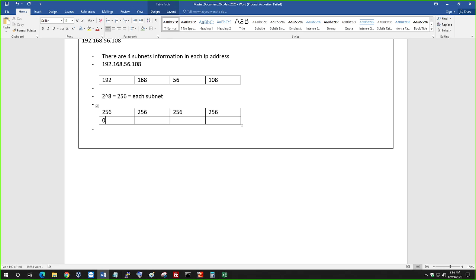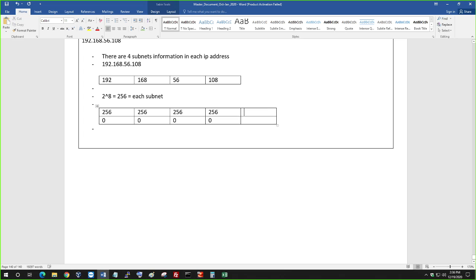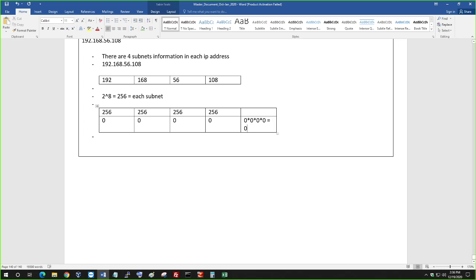And the starting point is 0, 0, 0, 0. If you multiply all four zeros, 0 times 0 times 0 times 0 is still going to be 0. Okay, good.